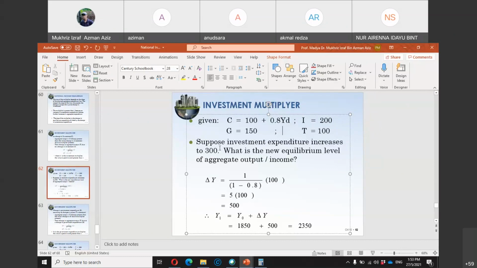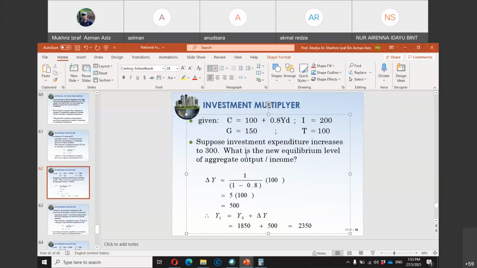Here you can see this is the information given. Suppose an investment expenditure increases to 300. The word is "to", not "by".